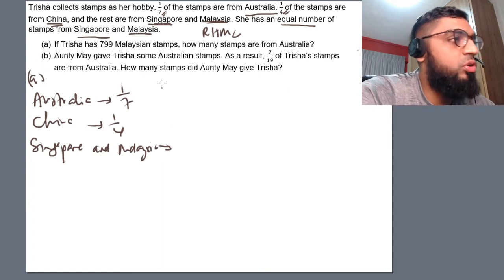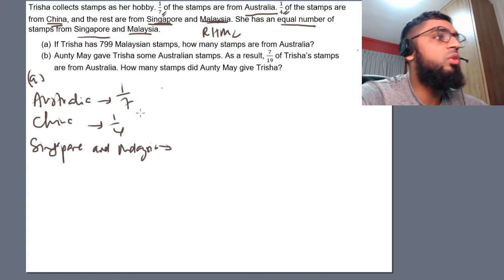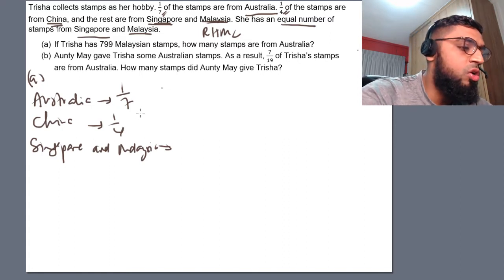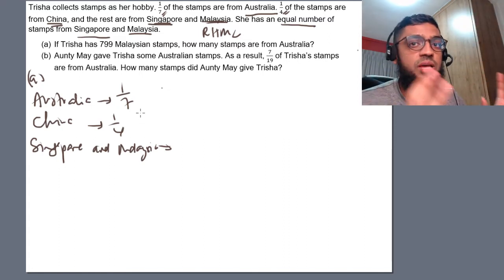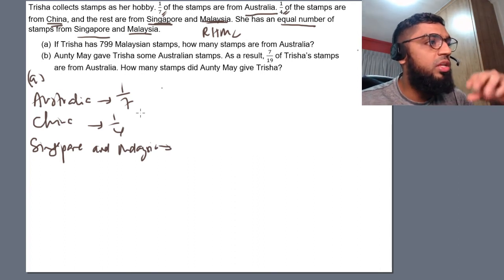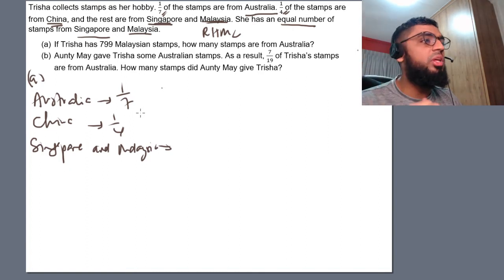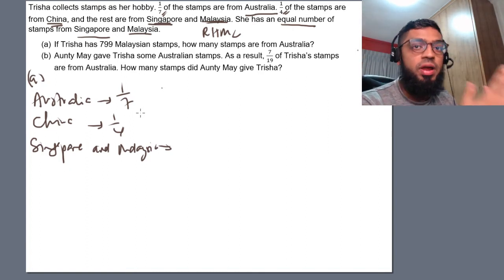Now the way to approach this question is to make the denominators of these fractions the same. Why do I do that? Because I want to find the total number of units of stamps, and from there I can tell how many units belong to Australia, how many to China, and how many are for both Singapore and Malaysia.